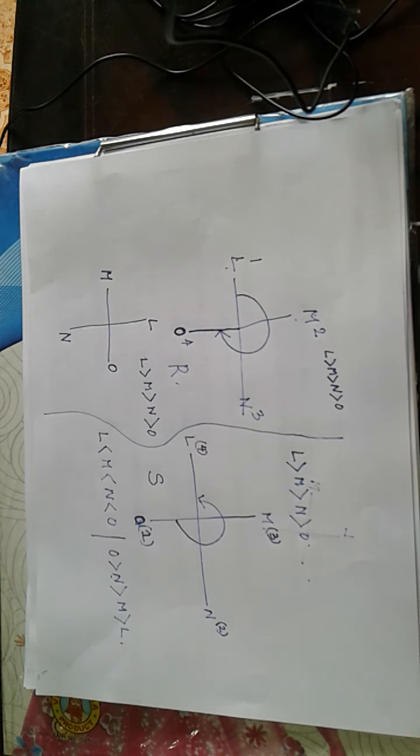You can make interchanges of groups, and you have seen that one interchange inverts the configuration, meaning the configuration is changed from R to S or S to R. Now an odd number of interchanges will invert the configuration, and an even number of interchanges will retain the configuration.